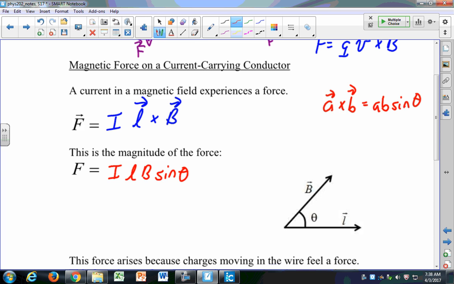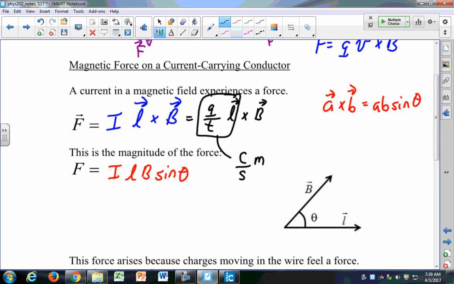You can think about the units of this, and you'll see that it's basically the same expression that we saw before. So breaking this down into its basic SI components, remember current is charge over time, and then we have length crossed with the magnetic field. Looking at this little piece right here, this is coulombs per second times a distance, which is meters.